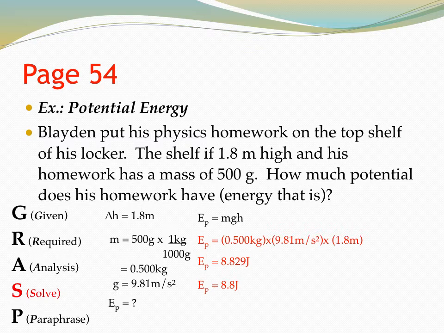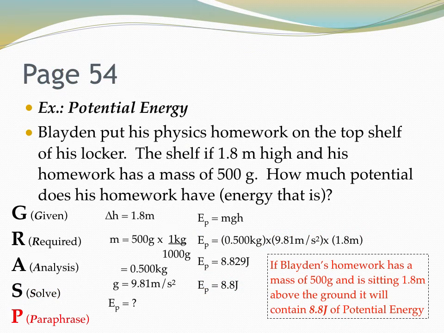All right. And then finally, we, of course, just need to paraphrase. Boom. If Bladen's homework has a mass of 500 grams and is sitting 1.8 meters above the ground, it will contain 8.8 joules of potential energy.